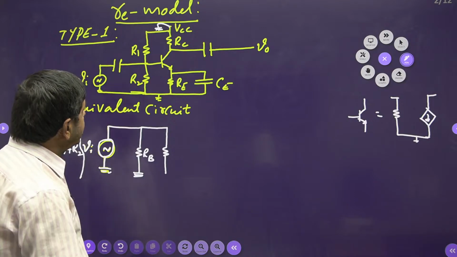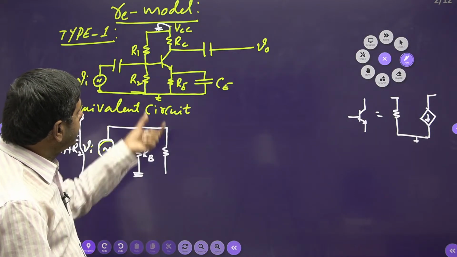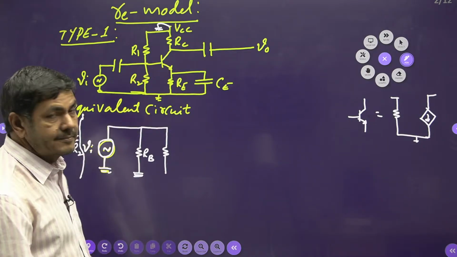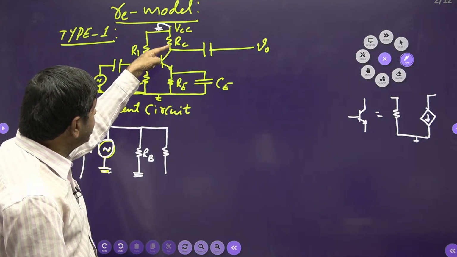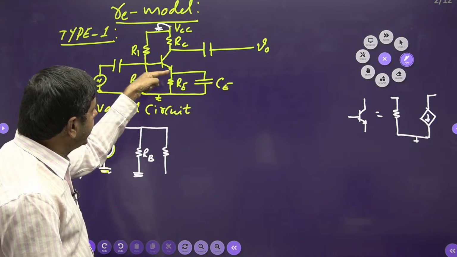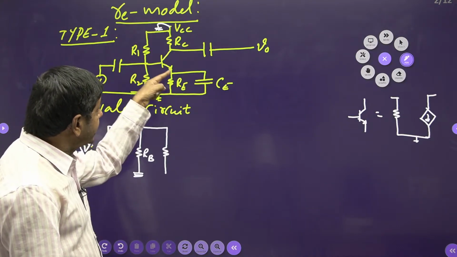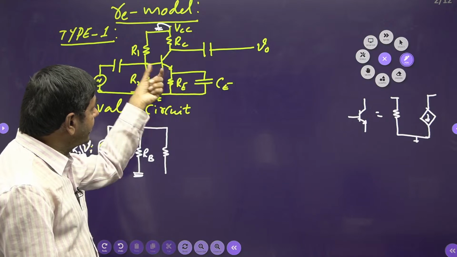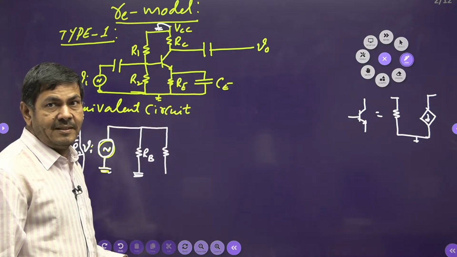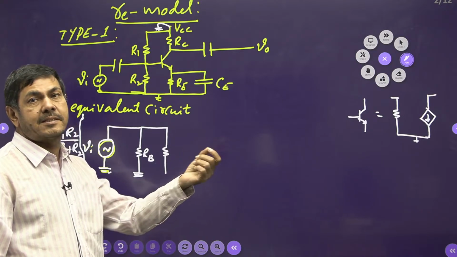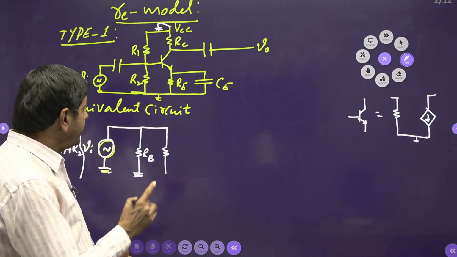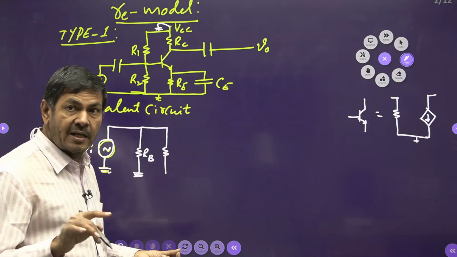Sir, what is that resistance? The resistance which exists between the base and emitter. This is an NPN transistor. Just like a PN junction diode, base to emitter can act as a PN junction diode. The PN junction diode under AC analysis has a dynamic resistance. That dynamic resistance I can connect as RE.